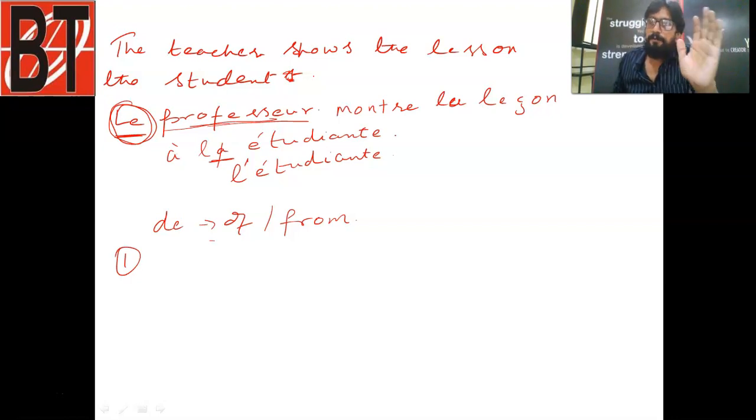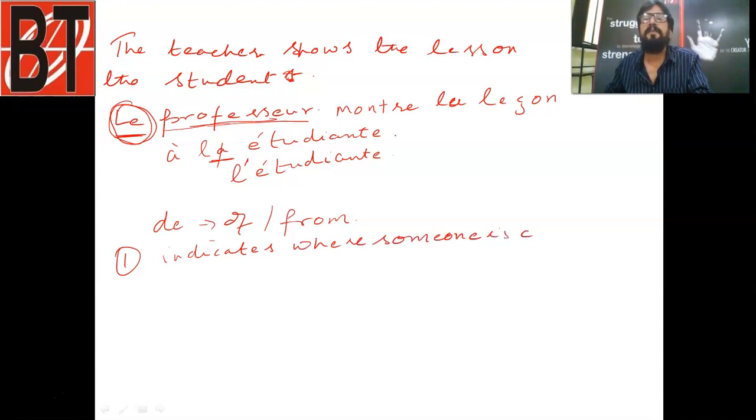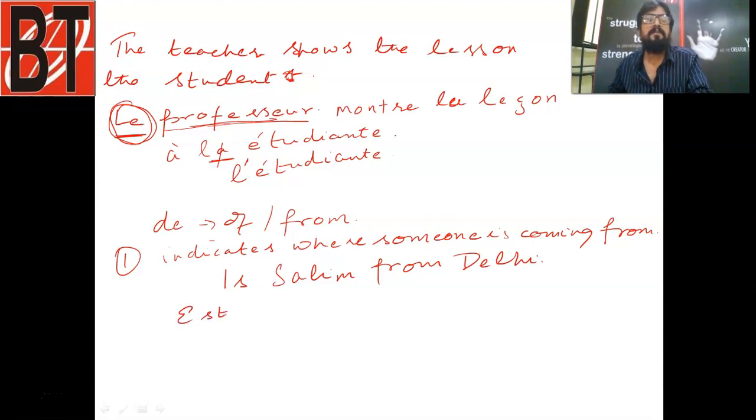First of all, this preposition de is used to indicate where someone is coming from. जैसे, is Salim from Delhi? Est-ce que Salim est de Delhi? So very simple.